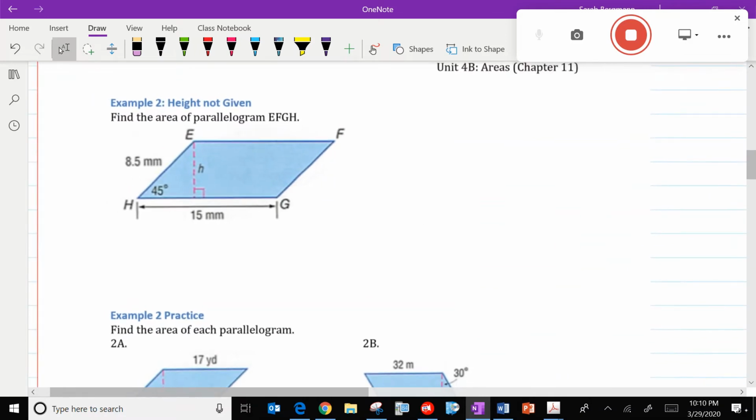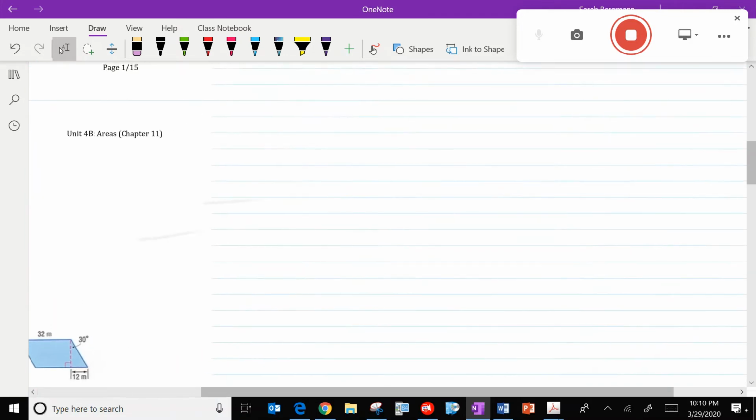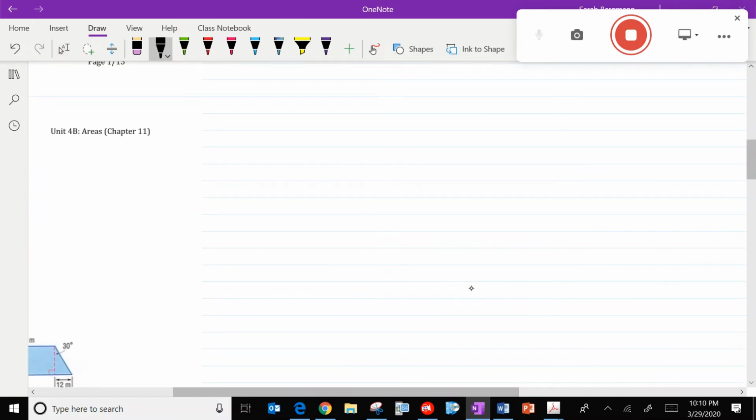Okay, sometimes they won't necessarily give you the height and you have to do extra work to solve for it. The last time we were just using Pythagorean theorem, but we can also use our special triangles. So just as a quick reminder on our special triangles, we have the 45, 45, 90 triangle. Remember, the sides are both the same.